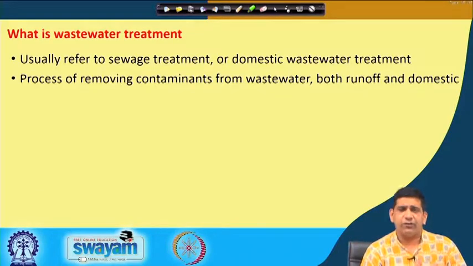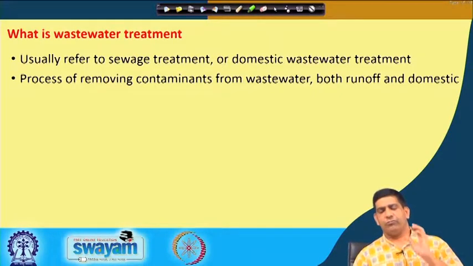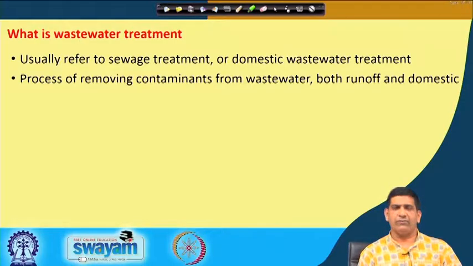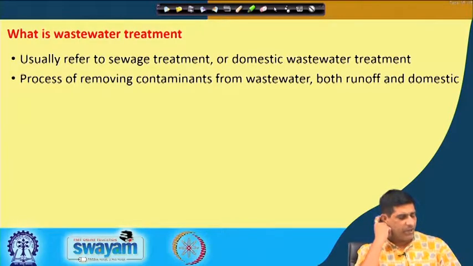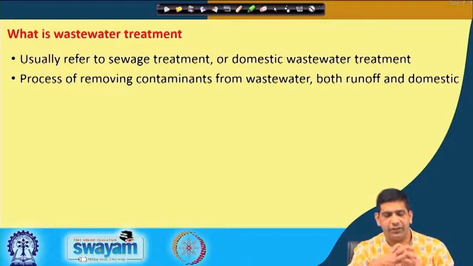What is the goal? We are removing contaminants from the wastewater. It could be both runoff as well as domestic. In many places runoff is not part of the wastewater, as we discussed towards the end of the first video, because it is a separate system, but in some places runoff is part of the wastewater as well. That's called combined sewer outflow, which we looked at.